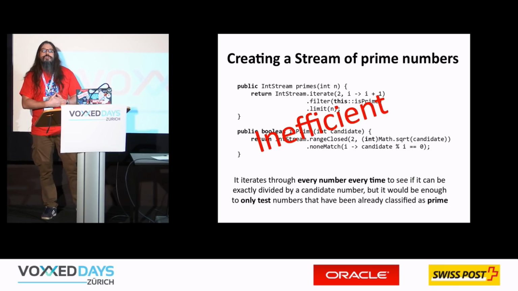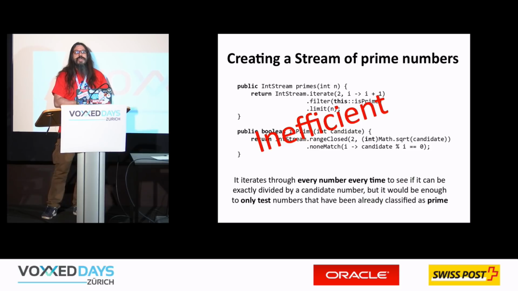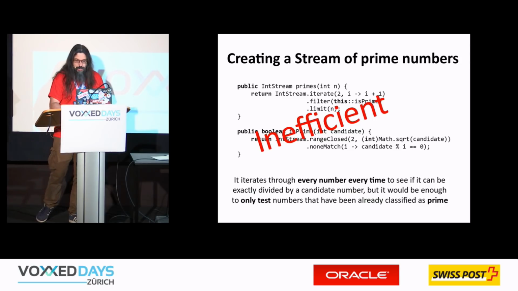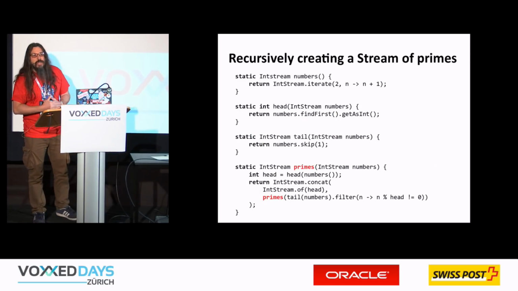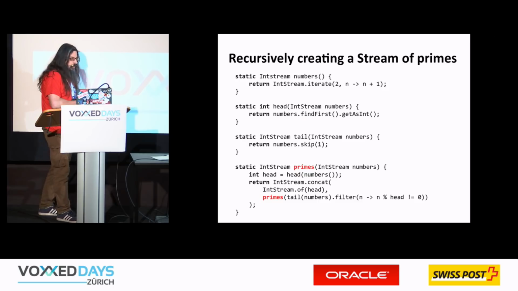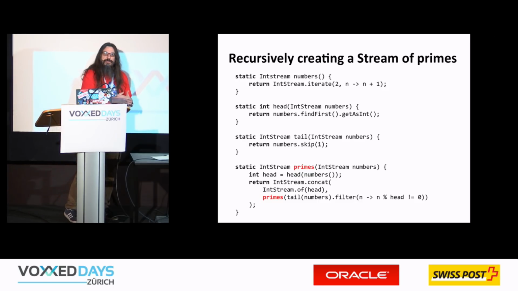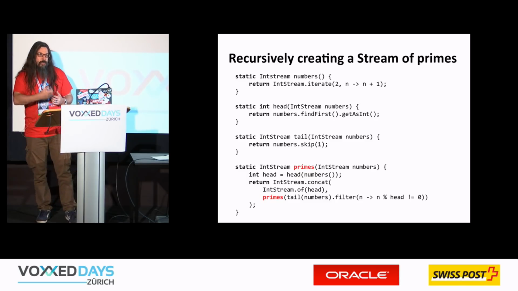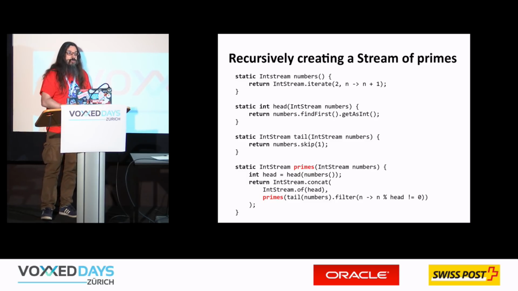And I don't need to divide it by 4 because I already know that 4 is not a prime number. So it's pointless, it's a waste. I would like to keep track of the prime numbers that I have already found during the search, and just reuse them and divide the new candidate number only by the prime numbers that I discovered so far.